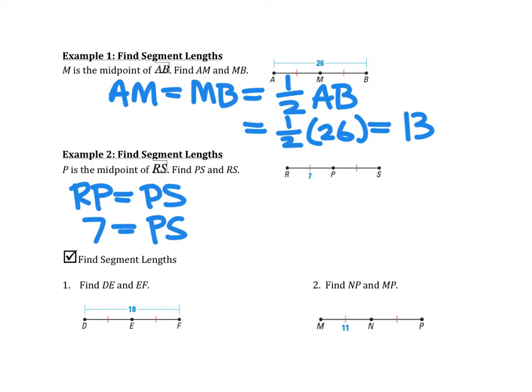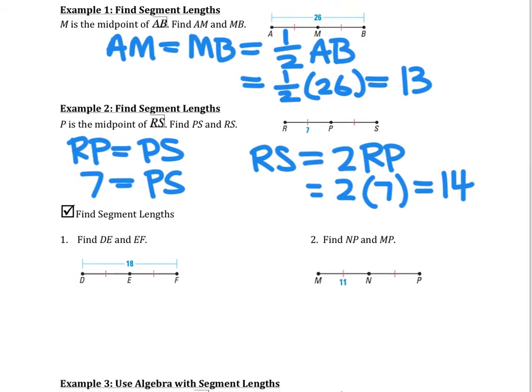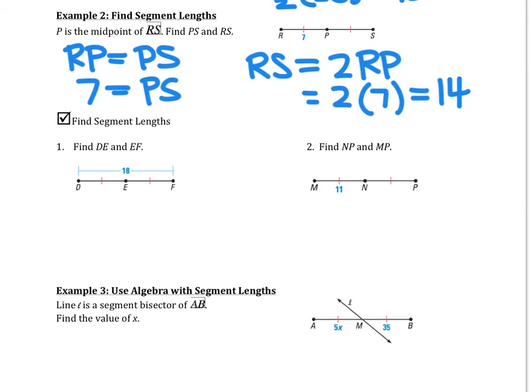And we know that RS is actually twice the length of RP. It takes two of them. So 2 times 7 is 14. So you go ahead and try those two.